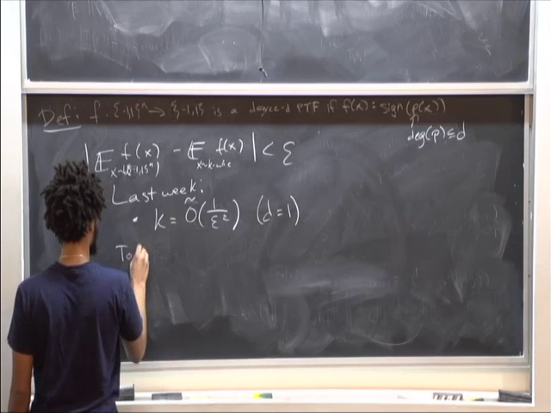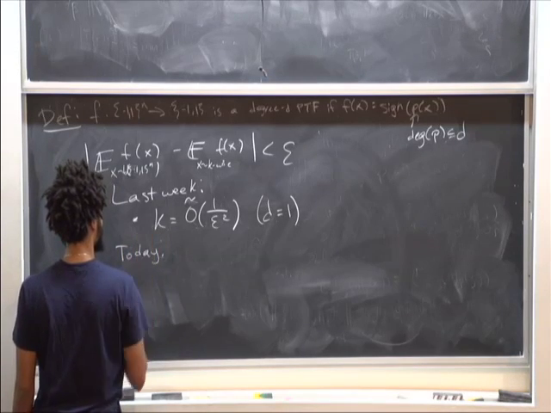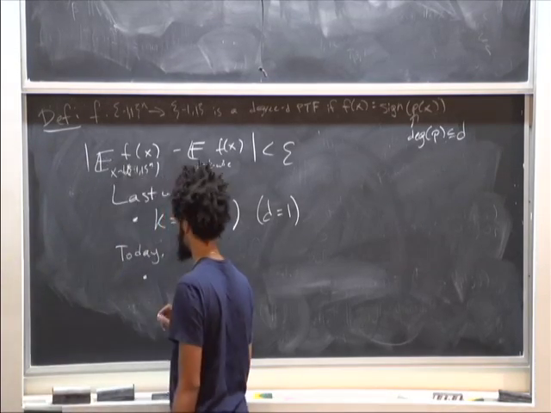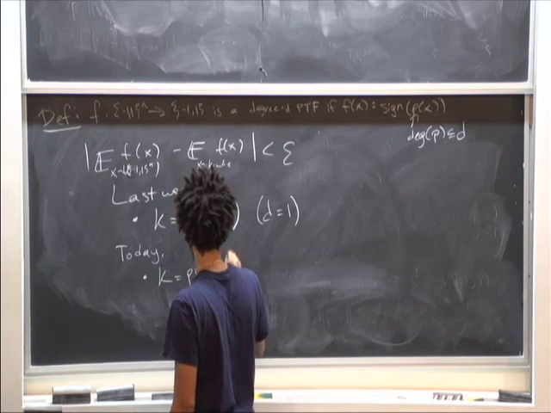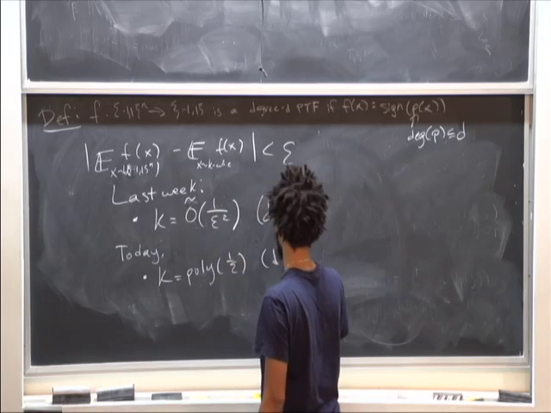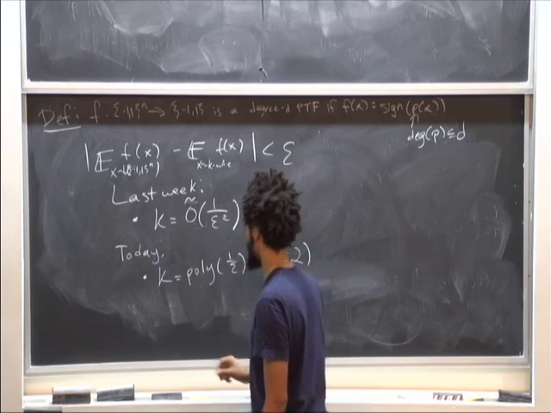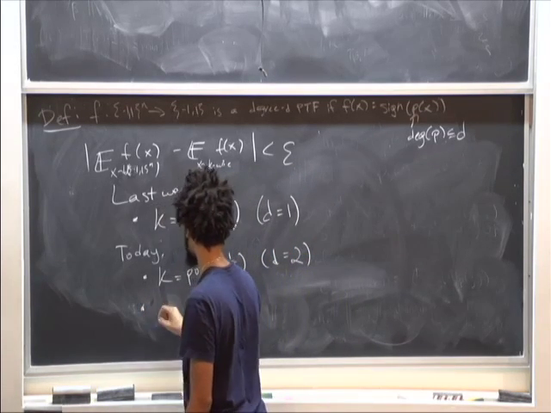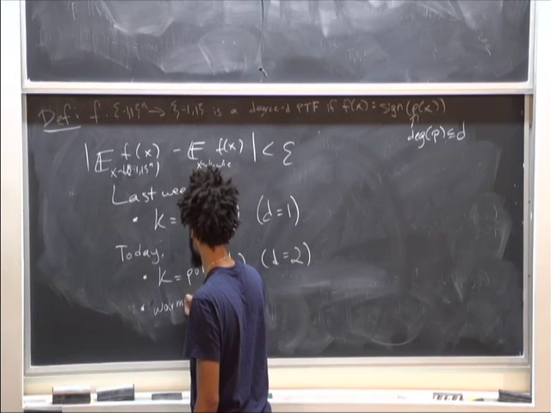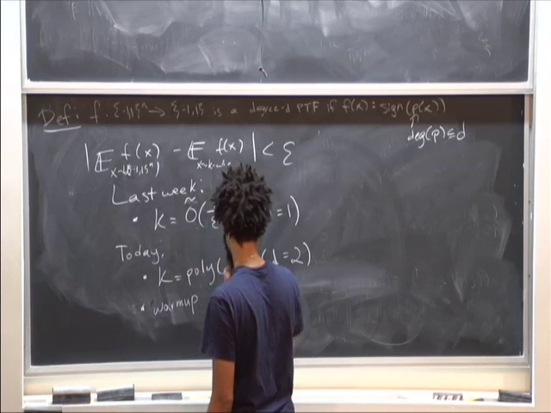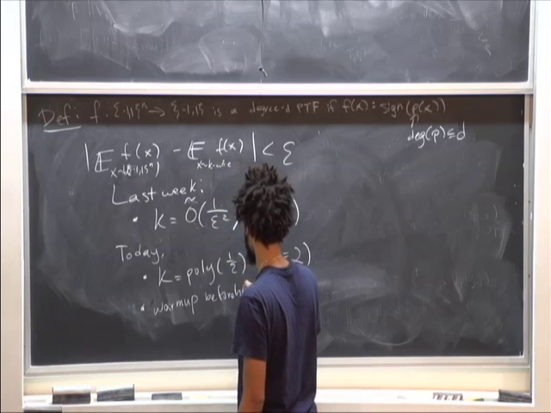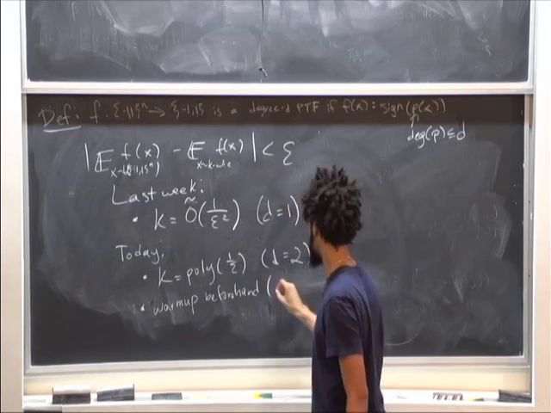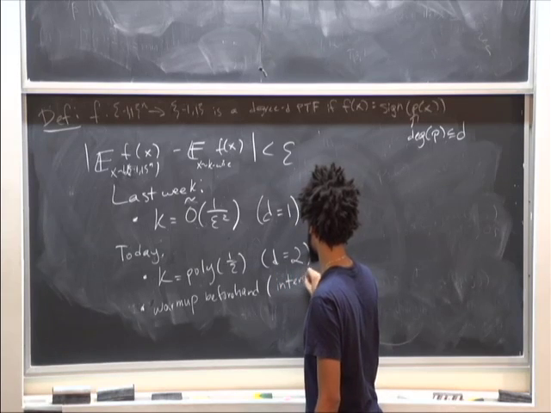So today, what I'm going to do is k equals poly 1 over epsilon for d equals 2. And as a warm-up before that, I'll show you the intersection of half spaces.